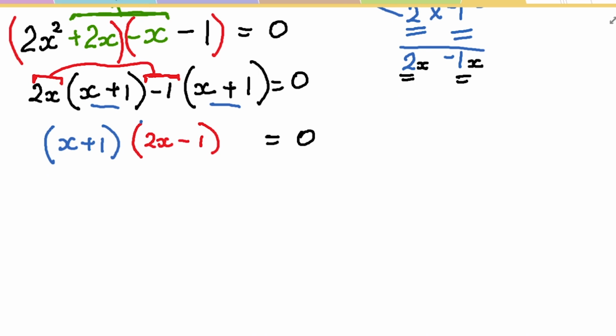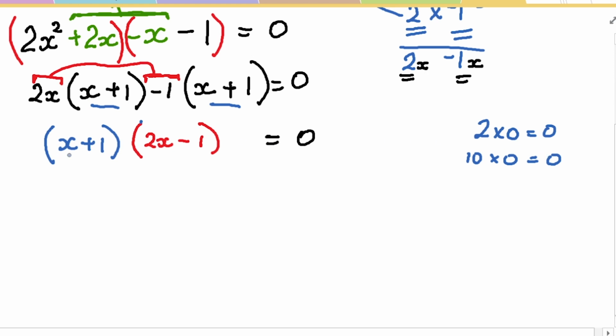Now, we know that any number multiplied by 0 is equal to 0. 2 times 0 is 0, 10 times 0 is 0, anything multiplied by 0 is 0. So if this bracket multiplied by that bracket gives us 0, it simply means that one of these brackets has to be 0. That is the reasoning.